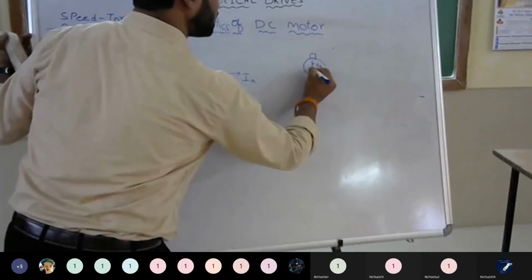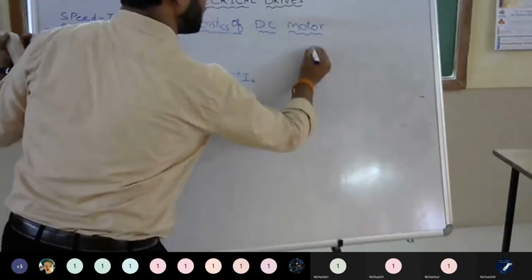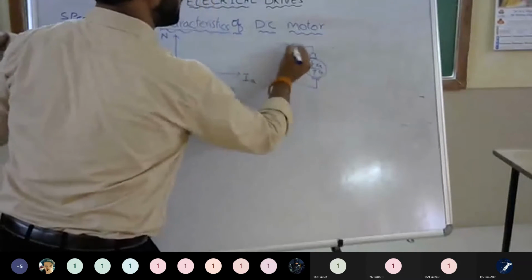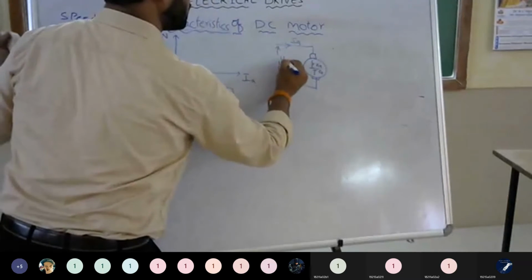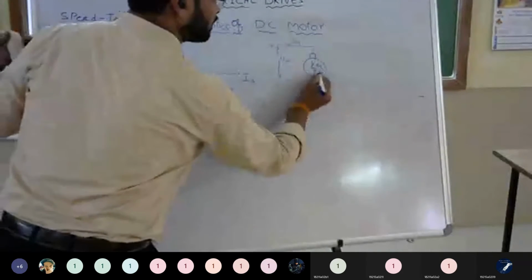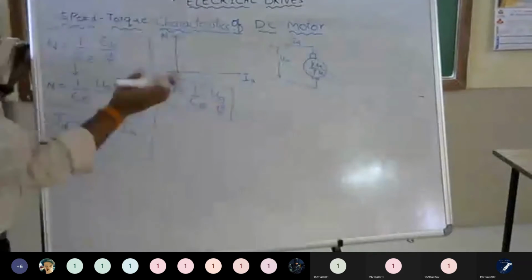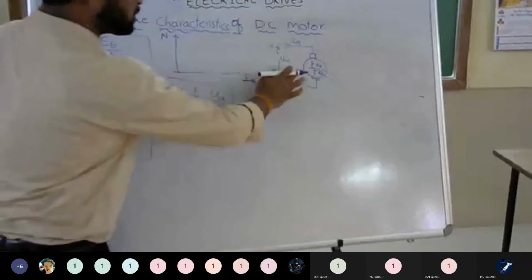This is RA, this is EB, and here we are giving IA, and this is UA. So when the motor is not on, IA is 0. It is not taking any current. So the motor is off at that time.